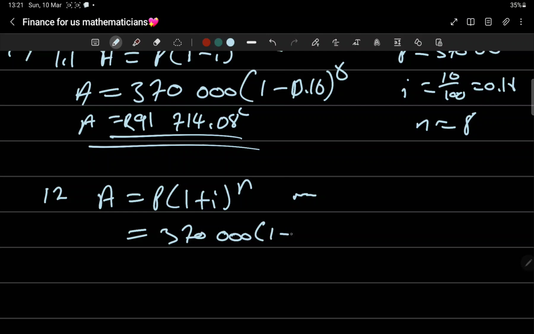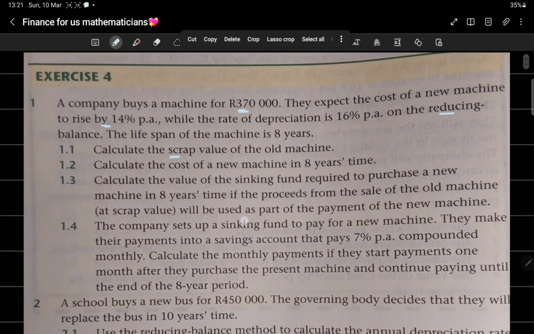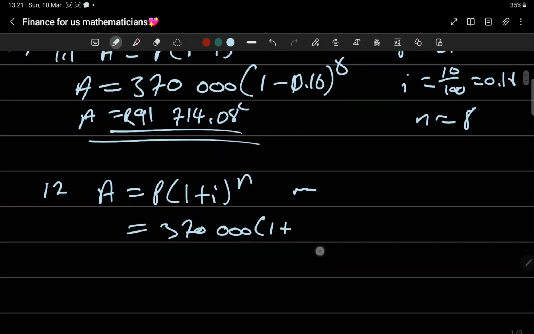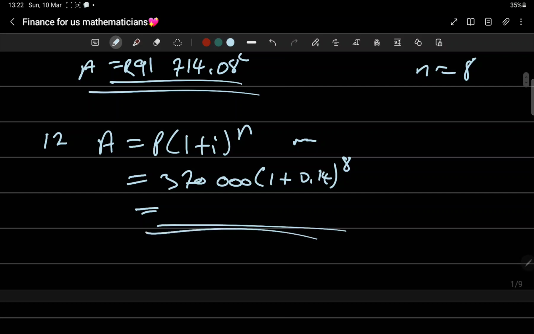370k times 1 plus, what is our i? This time it has changed. It will inflate by 14%, and 14% is 14 over 100, which gives 0.14, and it's still 8 years. On the calculator, 370,000 times 1 plus 0.14, to the 8.